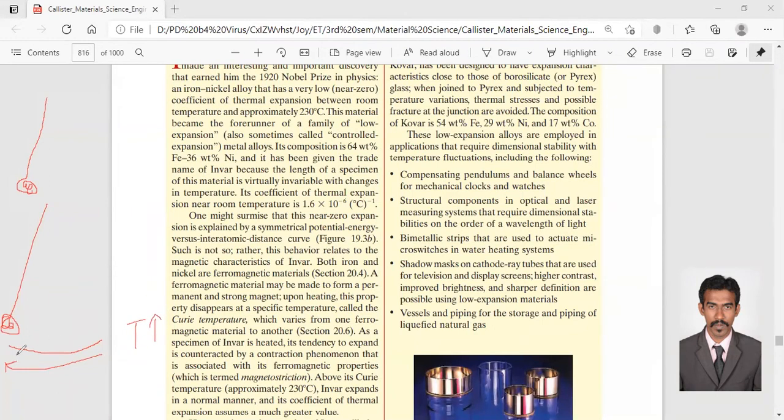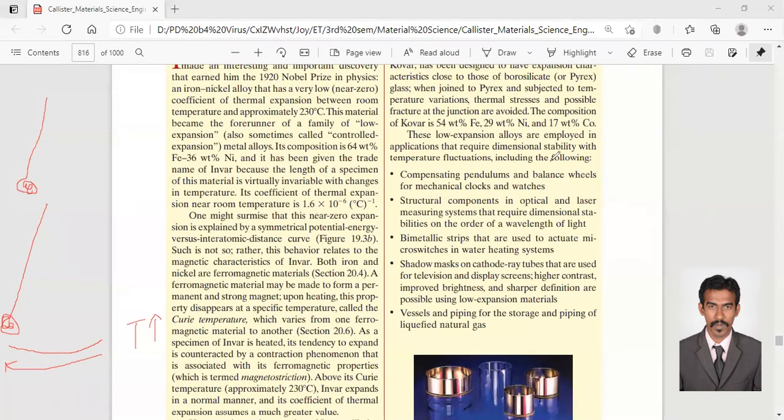When this swaying time increases, this will not show the correct time, right? This may lag in milliseconds, microseconds, and they will accumulate into seconds and then minutes. That's the problem with the pendulums and balance wheels for mechanical clocks and watches.